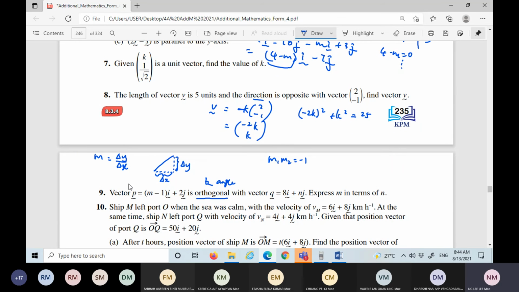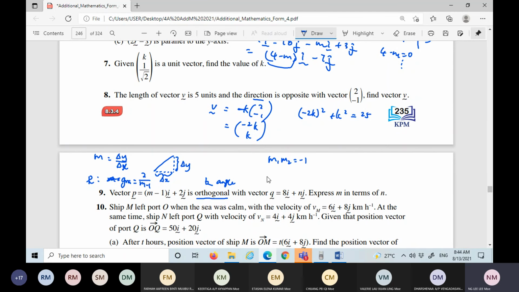For the p, the gradient is m, then here is m, very confusing. So you better write gradient is del y, which is 2 in the y direction, over m minus 1.